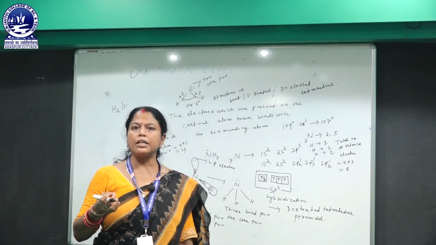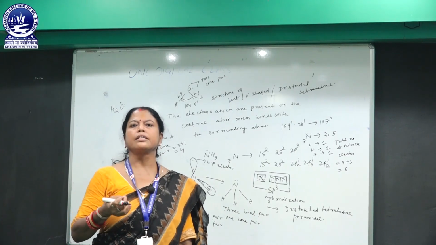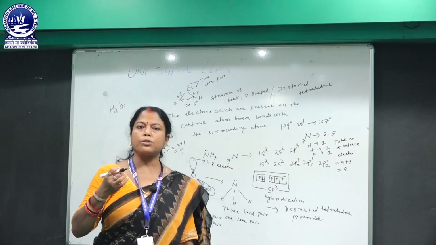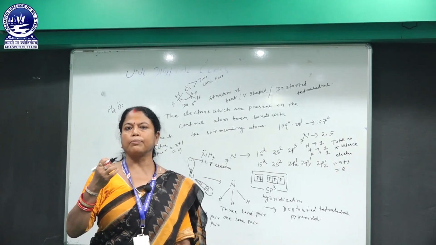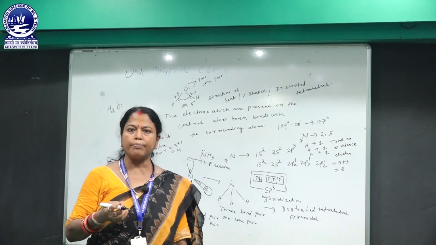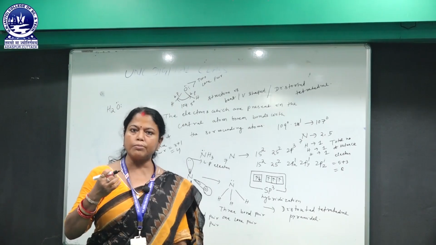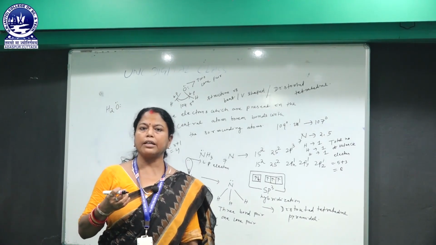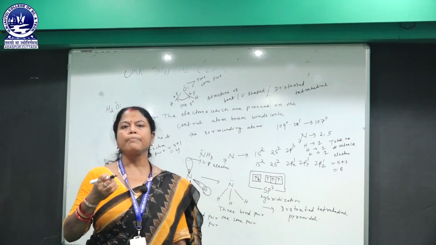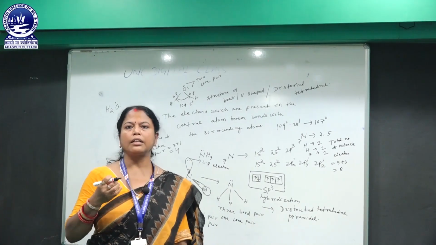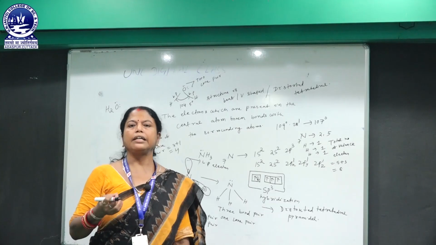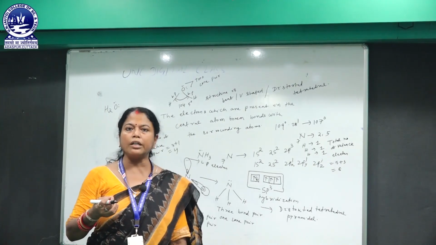So VSEPR theory provides a regular structure of the molecule, and also it explains the shape of molecules in different manners, that is regular geometry as well as irregular geometry. If we take regular geometry, we say that it is equivalent hybrid orbitals. If we take irregular geometry, it is called what?